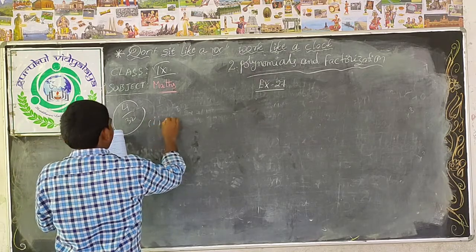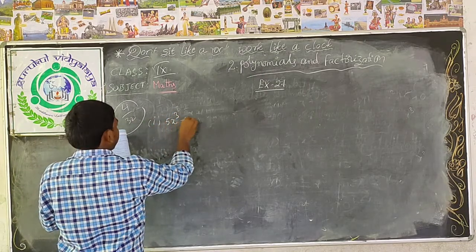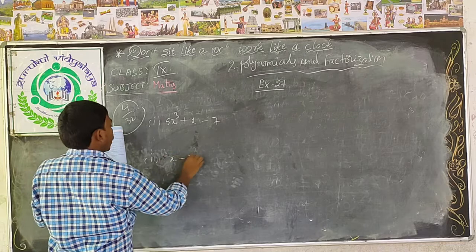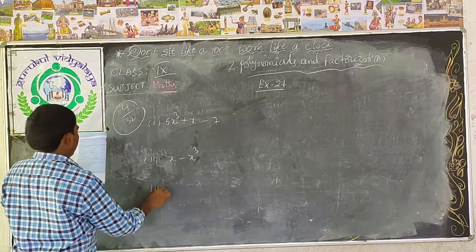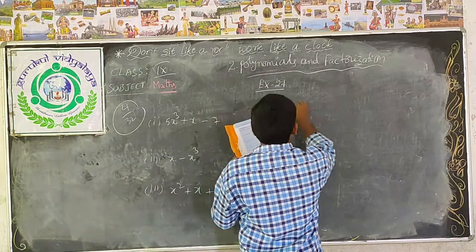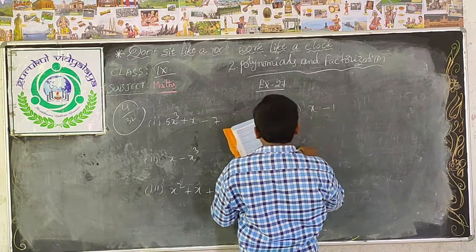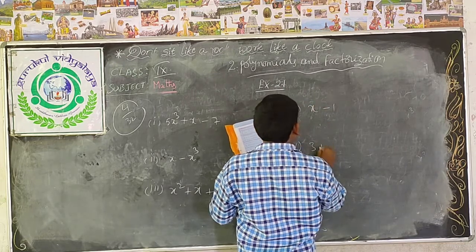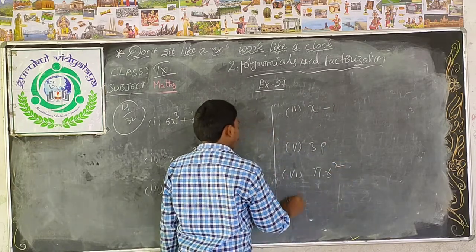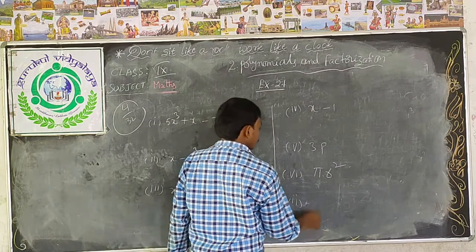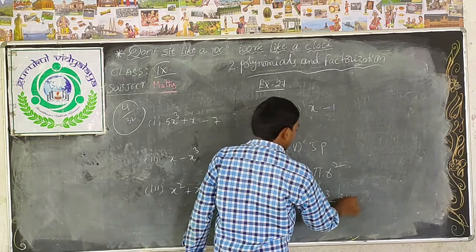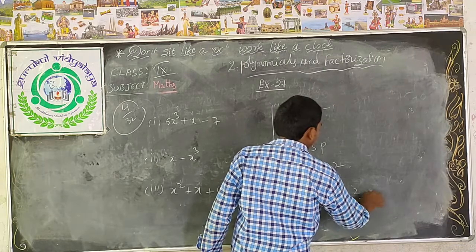First one, 5x square plus x minus 7. Second one, x cube minus x cube. Third one, x square plus x plus 4. Fourth one, x minus 1. Fifth one, 3p. Sixth one, pi r square. Seventh one, take your own number: k cube minus 3k square plus 7.